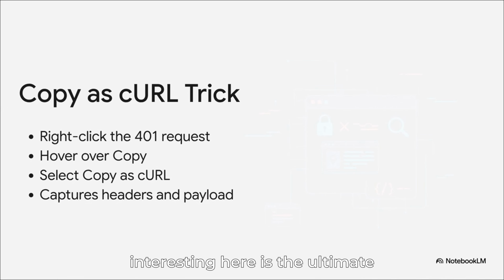Now, what's really interesting here is the ultimate mic drop feature of Chrome DevTools. Right-click that failing 401 request in your list, hover over the Copy menu, and select Copy as cURL. This magic little trick extracts an exact, executable replay of the request exactly as your browser sent it. It captures the exact headers, the cookies, the payload, everything.